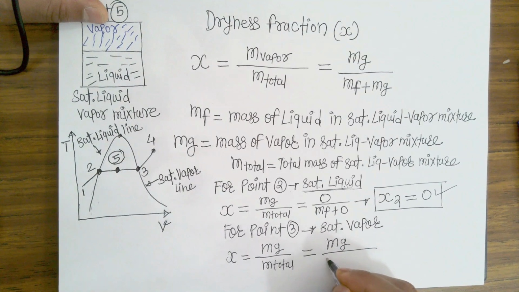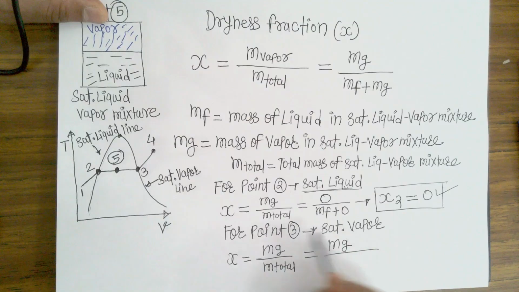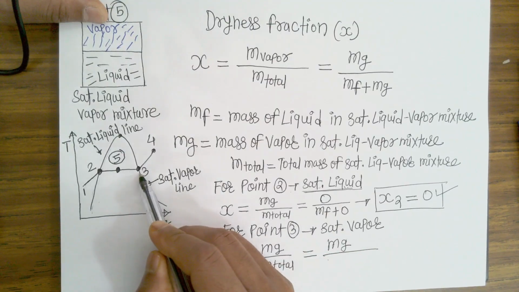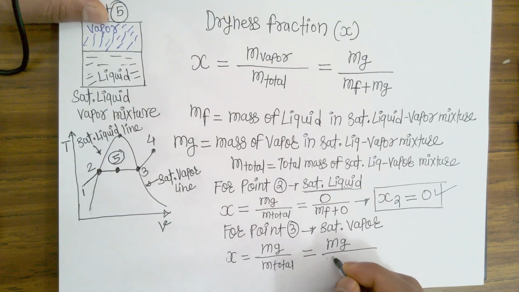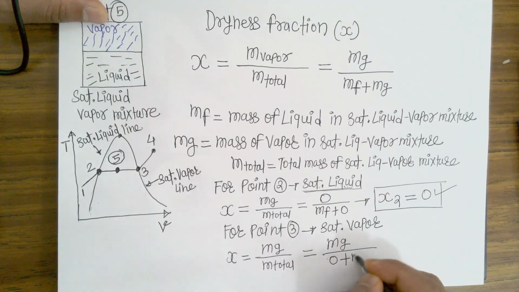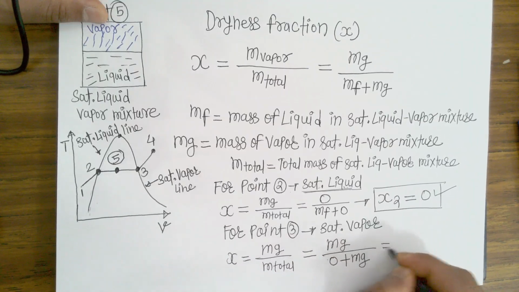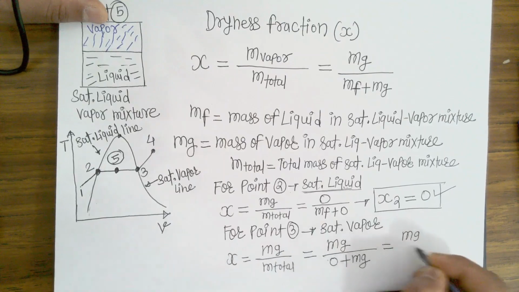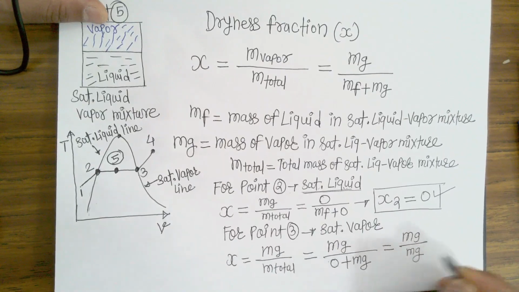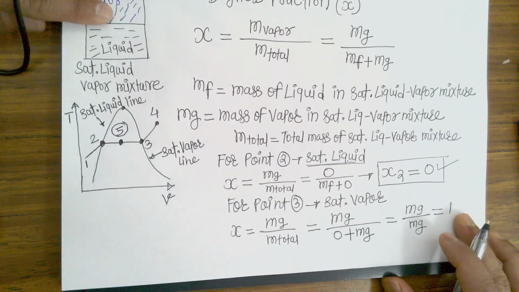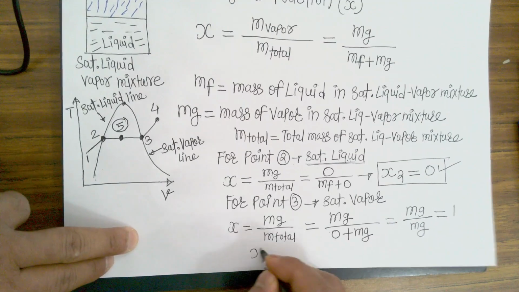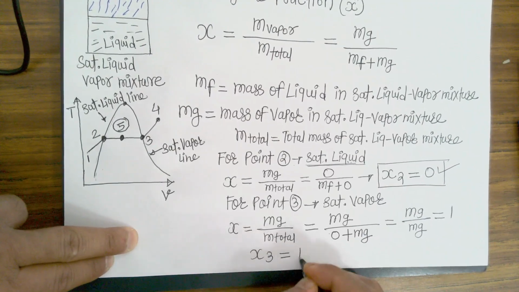Total mass is mf plus mg. mf is mass of liquid. Is there any liquid at condition 3? There is no liquid because it is 100% vapor. So mass of liquid is 0 plus mass of vapor is mg. So that will be equal to mg divided by mg. That becomes 1. So dryness fraction at point 3 is equal to 1.